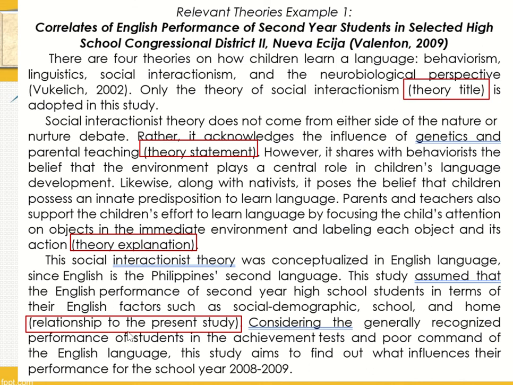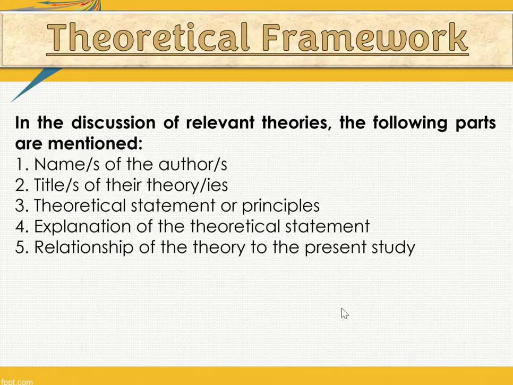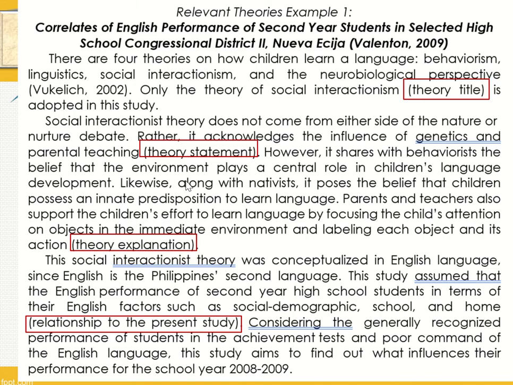And then finally, the relationship of this theory, social interactionism, to the present study is also indicated in this example. So again, these five from earlier should be reflected in your theory. So for each theory, we should show those five aspects.